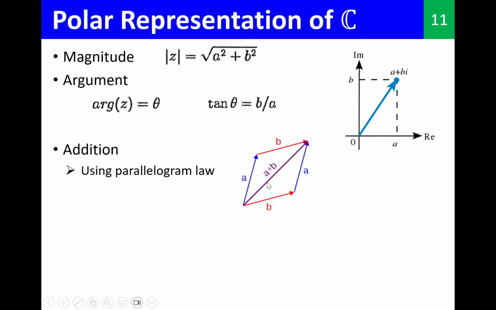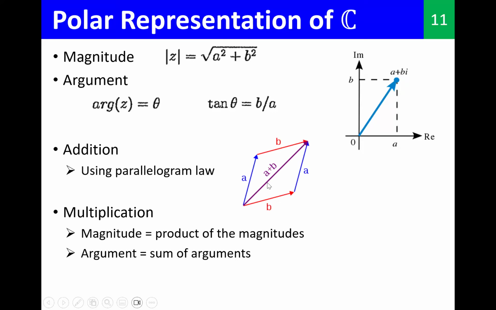When it comes to multiplication, when the complex numbers are represented in polar form, the magnitude of the product of the two complex numbers is given by the product of the magnitudes, and the argument is the sum of the arguments, or the sum of the angles, right? I think these are familiar territory for you.